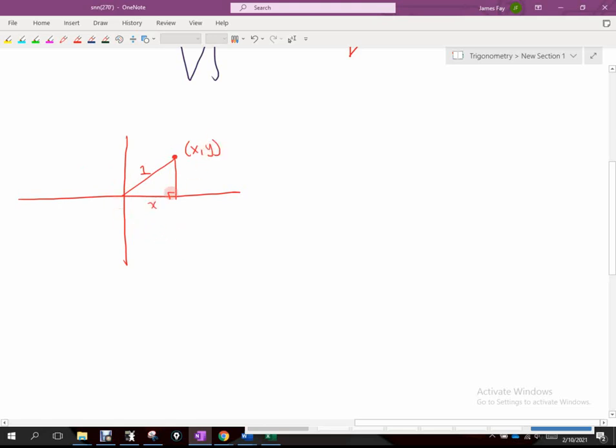Okay? And when it becomes 1, so when r is 1, and we have this point here, x comma y, where this is x and that's y, and I asked you something about theta, okay? Well, if I asked you the sine of theta, that's y over r, and r is 1, so sine of theta is just that y coordinate. Does that make sense? When I go cosine of theta, it's x over r, but r is 1, so cosine is just x.